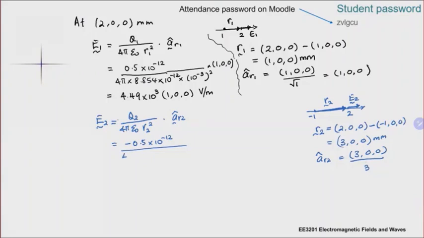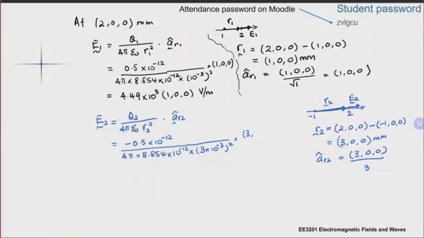So there will be 4 pi times 8.854 times 10 to the minus 12 times 3 times 10 to the minus 3 squared, times 3.